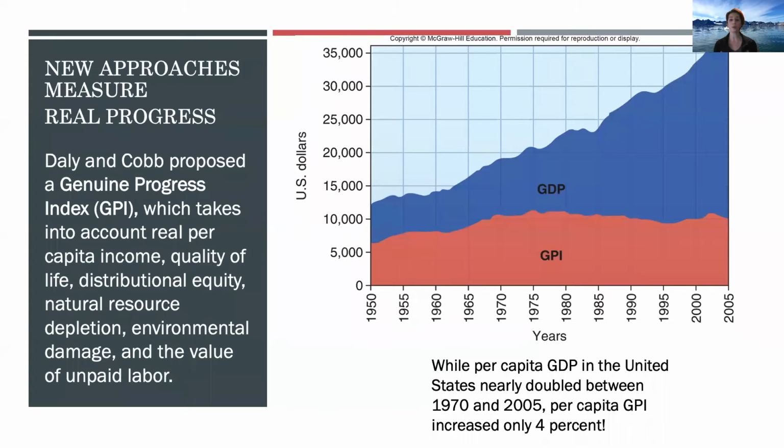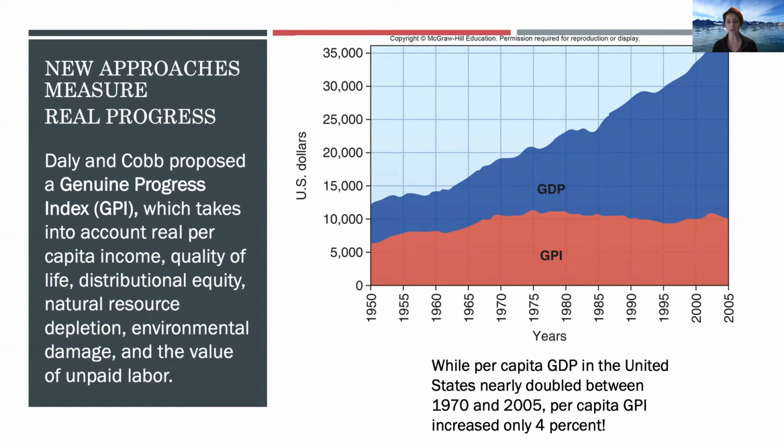There are new approaches to analyze ecological services in those cost-benefit analyses. One of them is called the Genuine Progress Index, or the GPI. This was founded by Daly and Cobb. And in this analysis, they take into account real per capita income, quality of life, distributional equity of wealth, natural resource depletion, environmental damage, and the value of unpaid labor.